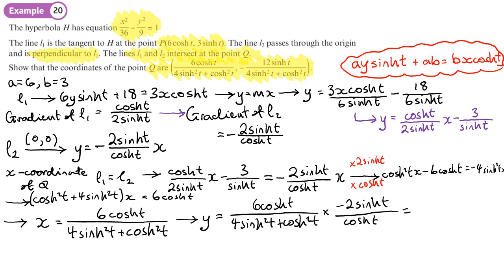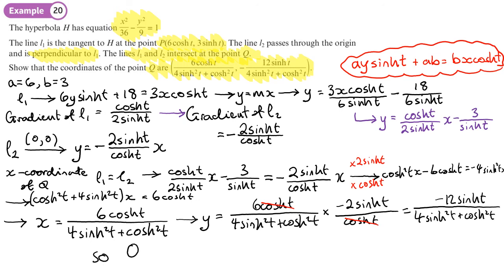Now what does that give us? Well, I can see that the cosh t's here will cancel out. There's nothing that cancels out the other way. So the 6 times negative 2 is going to give me negative 12 sinh t over, well, it's going to be the same denominator as the other one, isn't it? 4 sinh squared t plus cosh squared t.